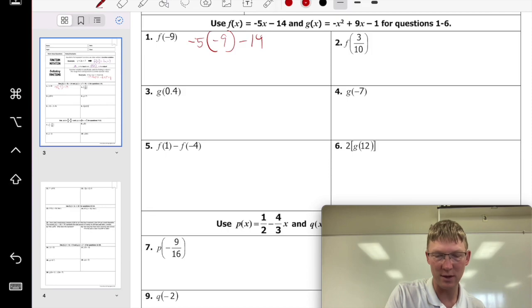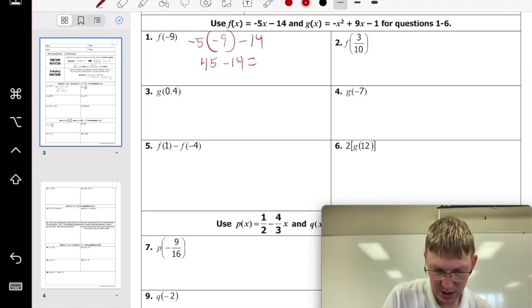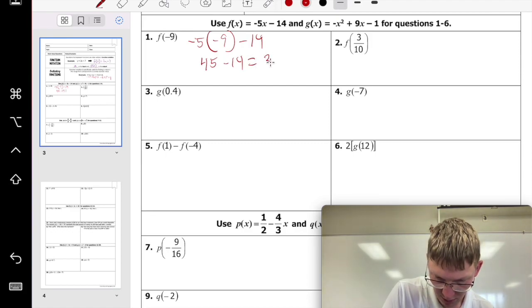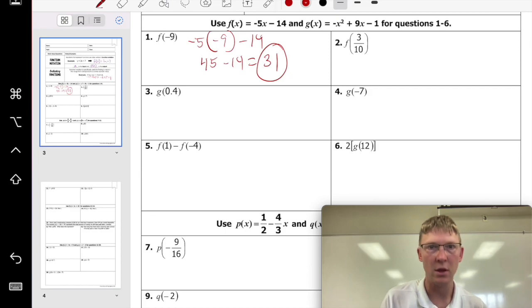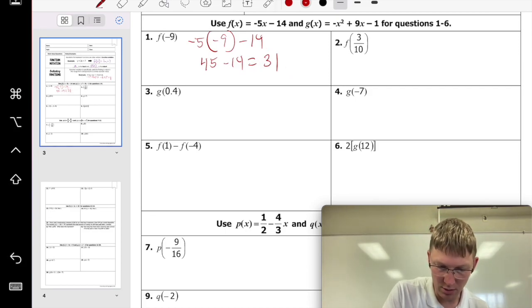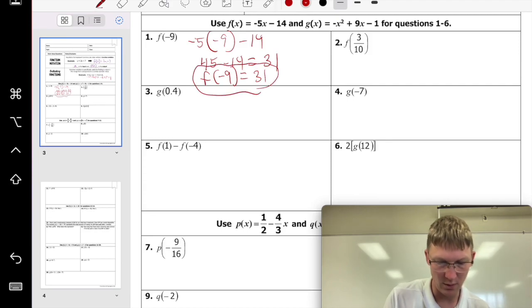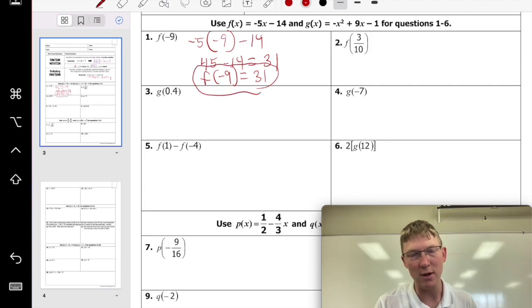So negative 5 times negative 9 is a positive 45 minus 14, which equals 31. There's your answer. To be mathematically correct, we should write f of negative 9 equals 31. I might make fun of you if you just circle 31, but I'm not going to take off points.